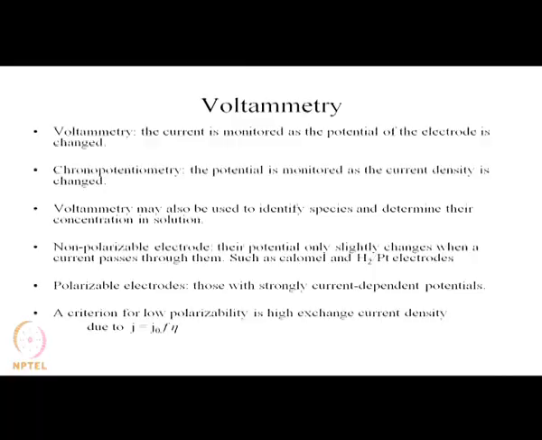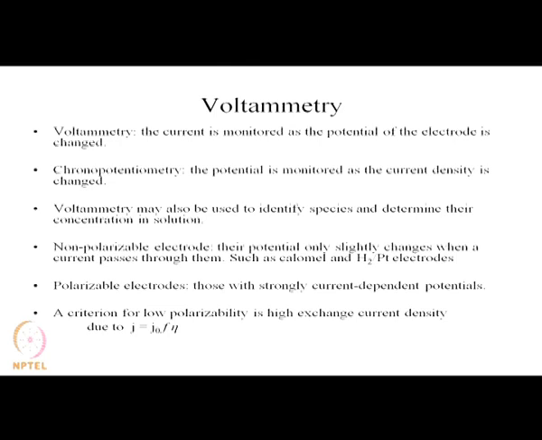Polarizable electrodes are those having a potential strongly dependent on current. The criterion of low polarizability is high exchange current density, from J = J0 times f times eta. Voltammetry is one of the techniques which electrochemists employ to investigate electrolysis mechanisms.